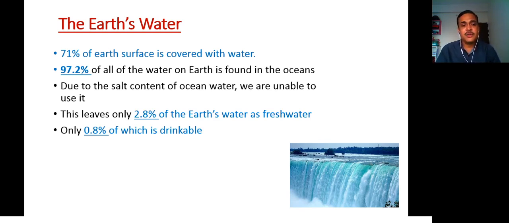It means for domestic, industrial, or agricultural use, we can't use oceanic water due to its high salt concentration.